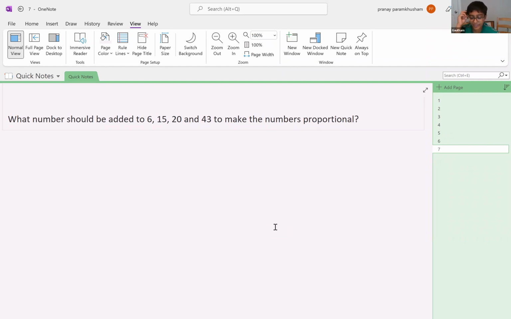I don't know about this one. Could you help me on this?